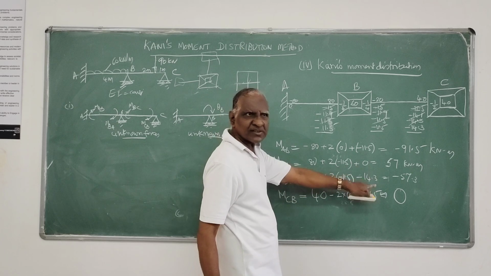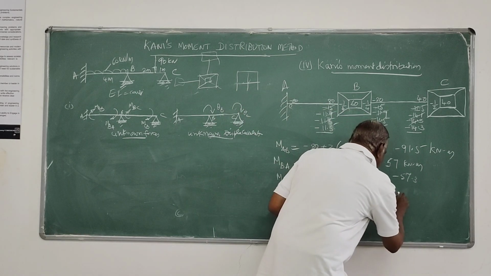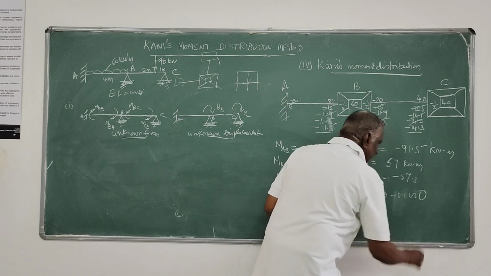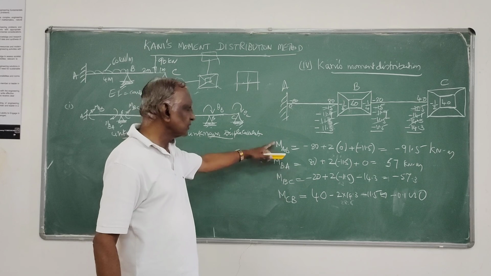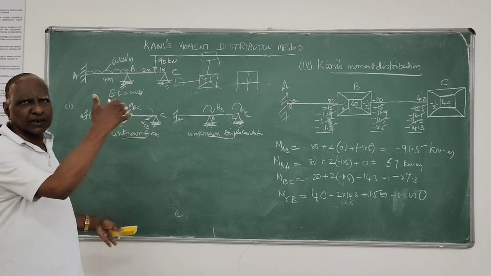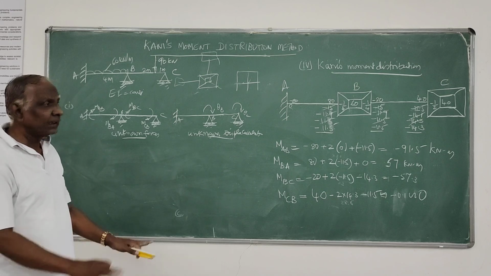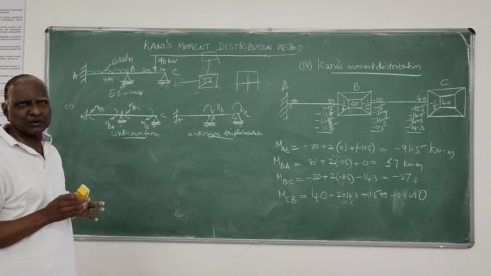This is 40 minus 40.1. You are actually getting minus 0.1. That you can take as 0, whatever it is, approximately 0. Once you have determined this, that is what we need. You can plot the bending moment. This is the Kani's method of moment distribution.